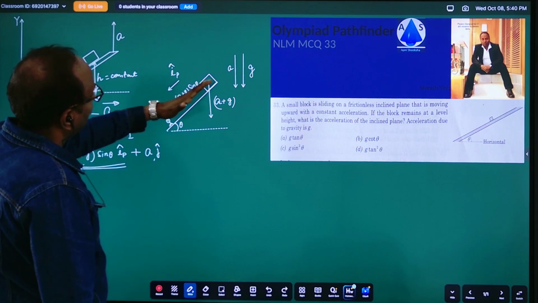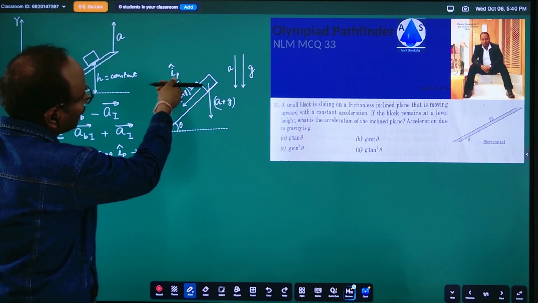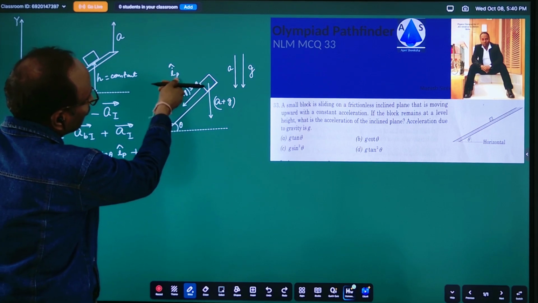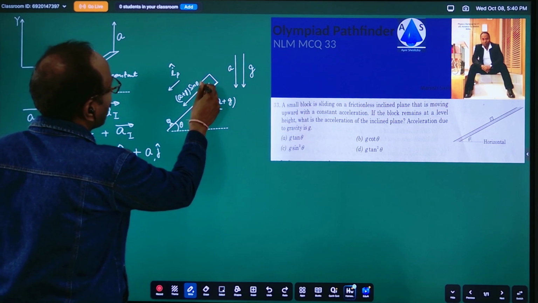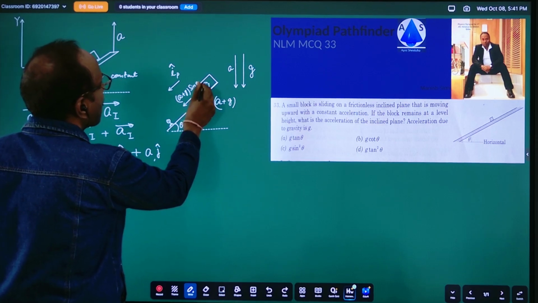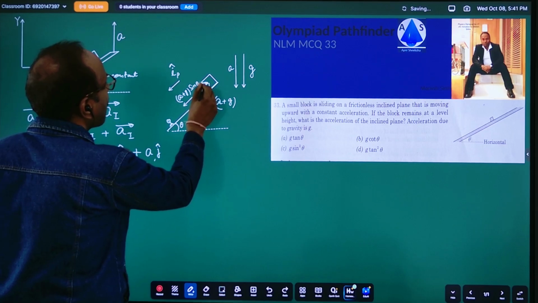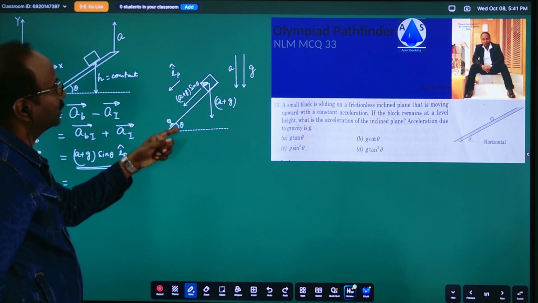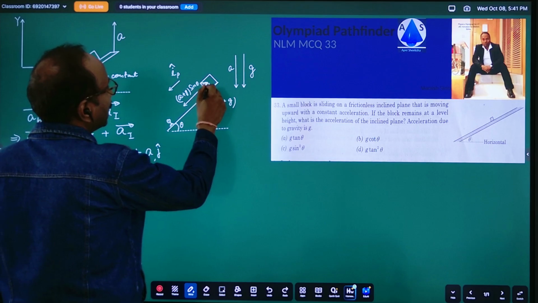So what will be the component of this acceleration in the x direction? This angle will be theta, because this is theta, so this will be theta, and this will be 90 minus theta.